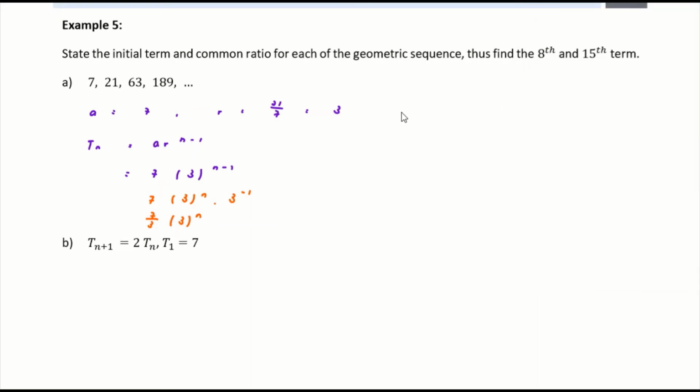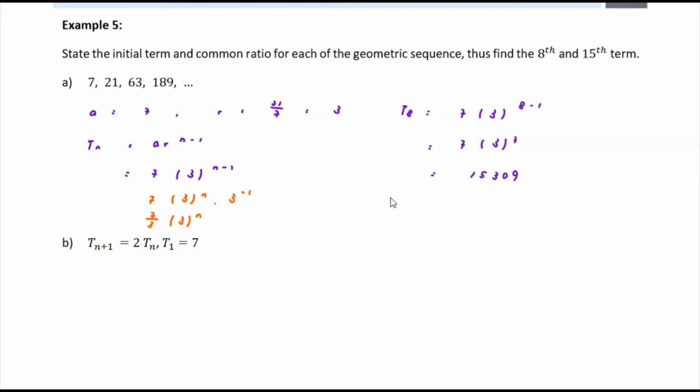Okay, so we want to find T8. So now we are going to substitute. For T_n, 7 times 3 to the power of n minus 1, now the n is 8, so that's why 8 minus 1. You can just use your calculator to help you do that. So 7 times 3 to the power of 7, and then we can get 15309.